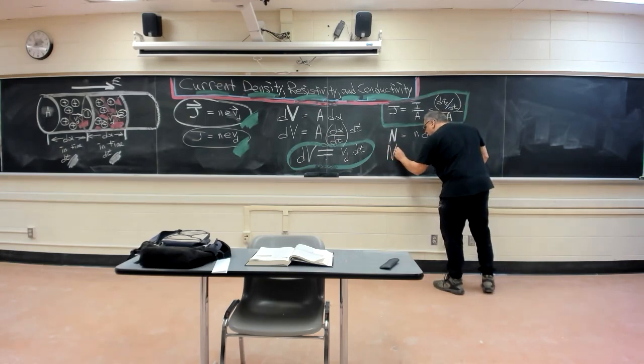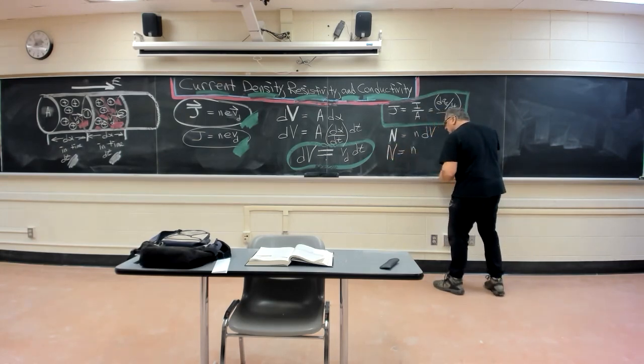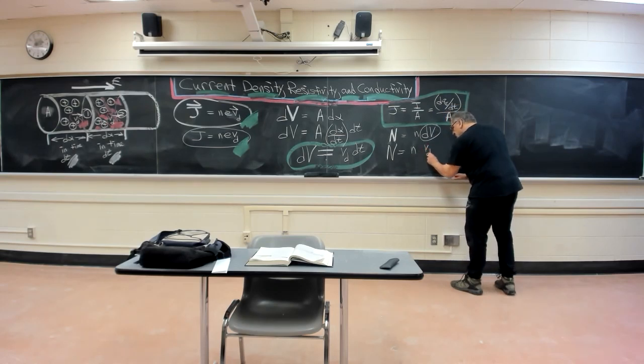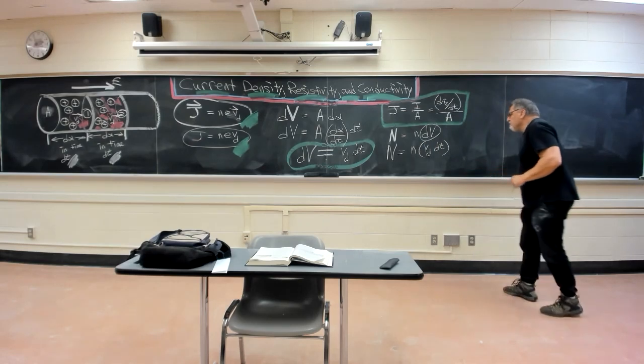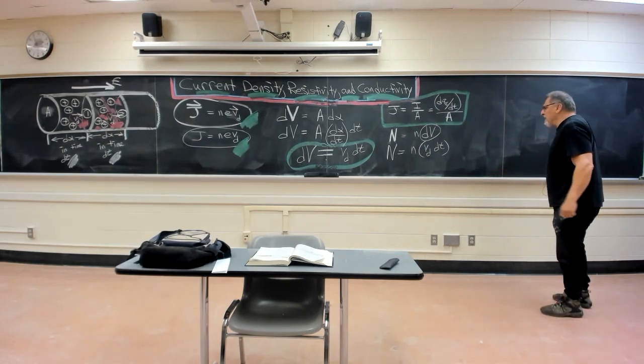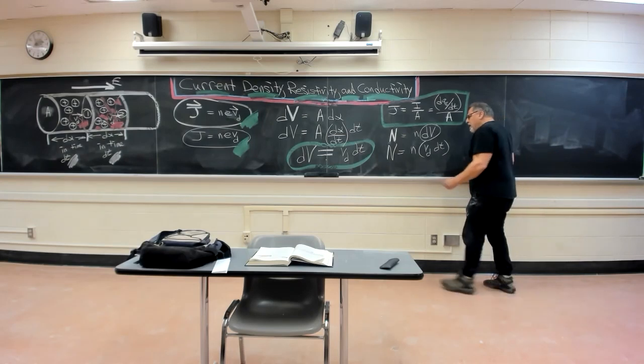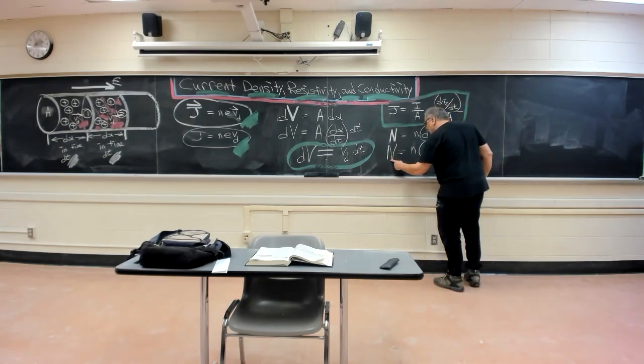Yeah, the number of particles is the charge density times the unit volume, which is V sub d dt. Okay, I can buy that. And to find the total amount of charge, each one of these N particles has a charge E on it.